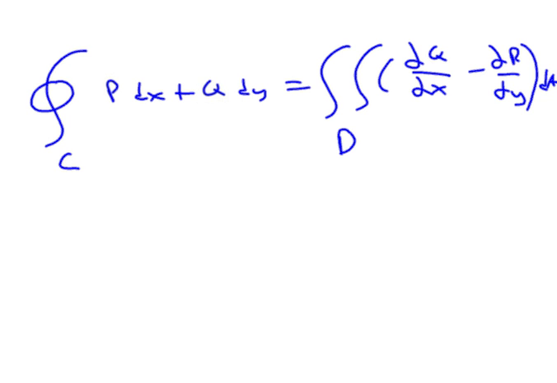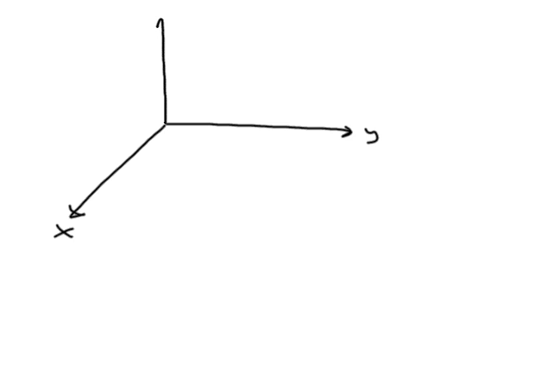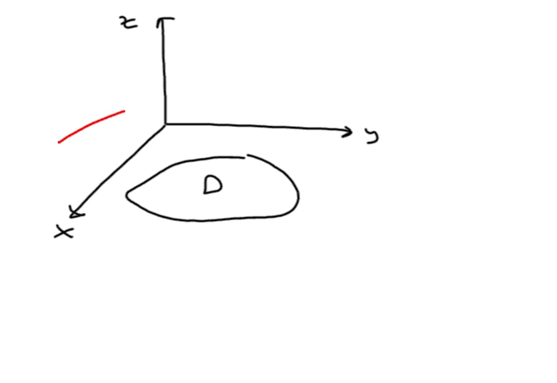So let's recall something that we learned about when we started to study double integrals, and that was the following: if we had some area D enclosed in the xy plane, maybe it looks like this somehow, and this would be the area D, then we could find the double integral of some scalar function over the region D.